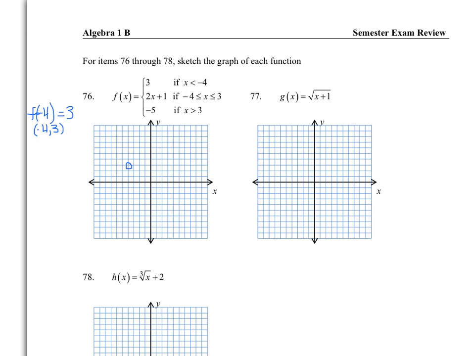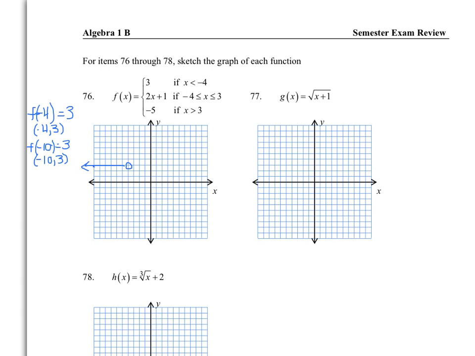Now I need to pick another value of x that's less than -4. So I'm going to pick -10. F of -10 is also going to equal 3. So I'm going to have the point -10, 3, which is right there, which means I'm going to have a horizontal line going in this direction.